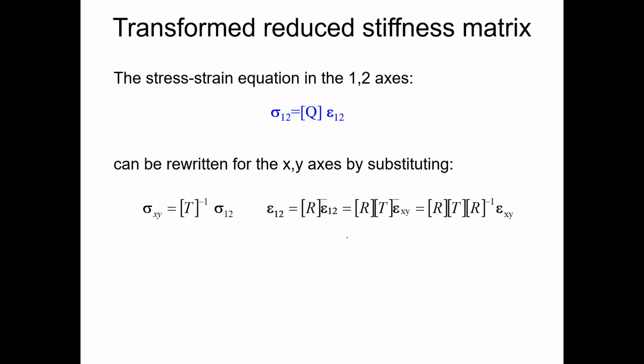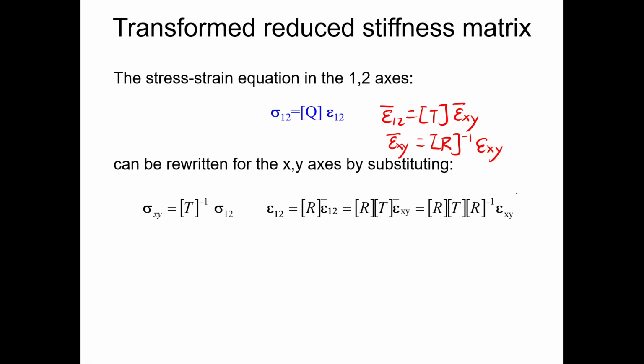Because we know epsilon 1, 2 equals T times epsilon xy bar, we can further expand and rewrite these equations, because epsilon xy bar is basically R minus 1 times epsilon xy.